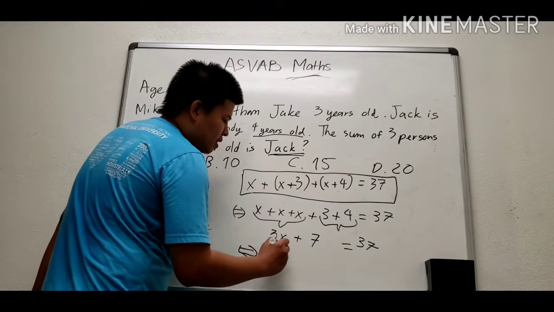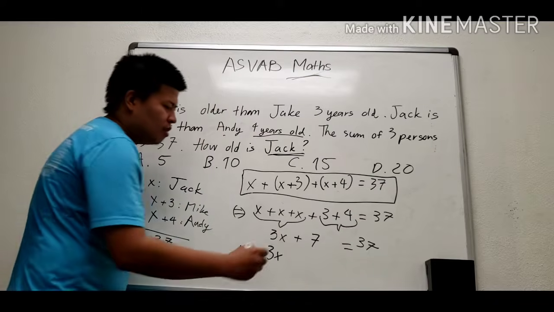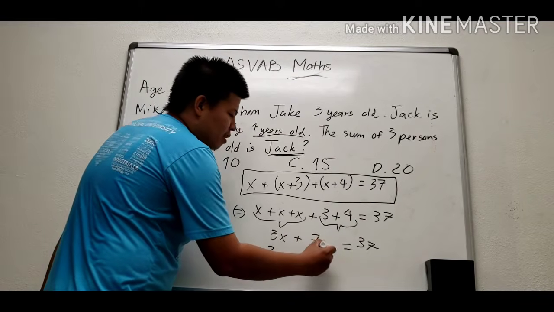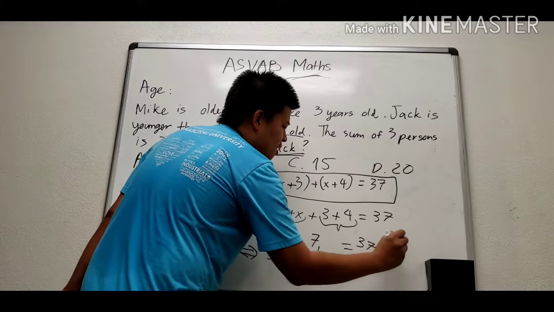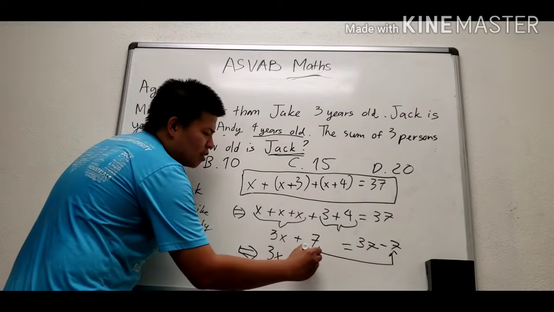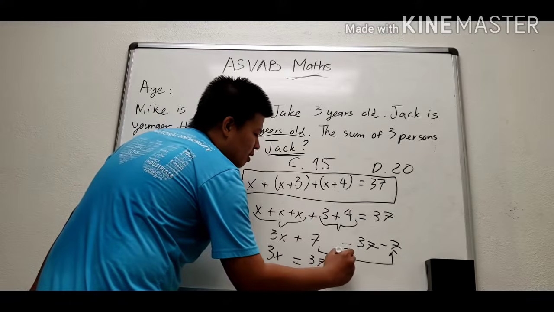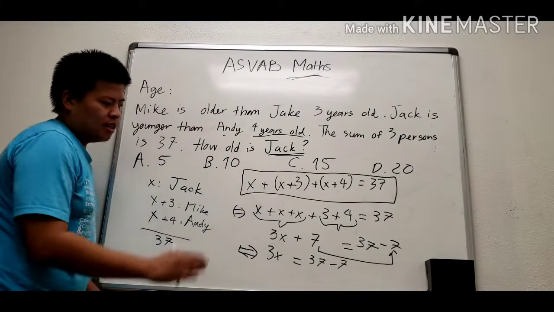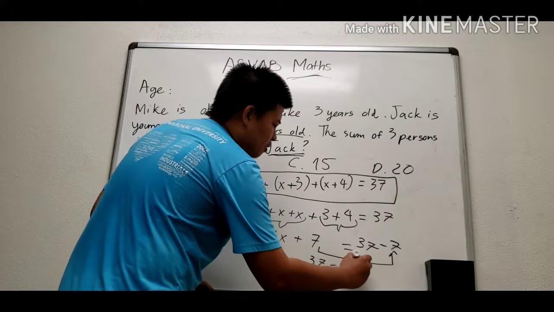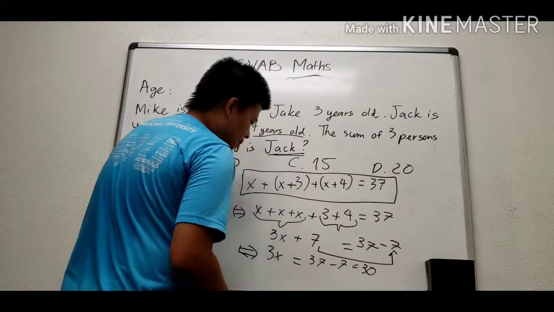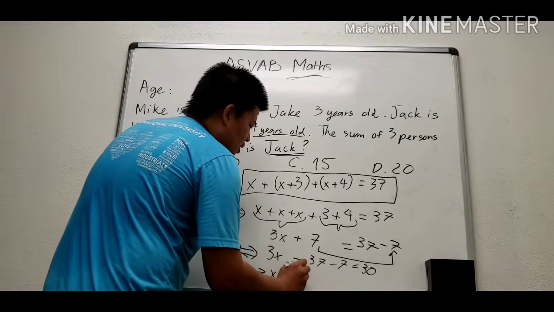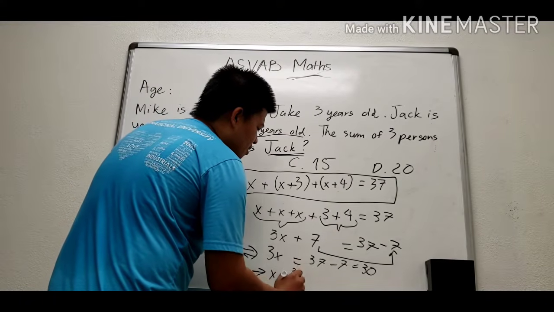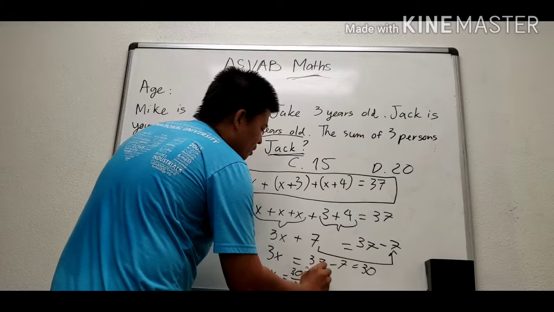Number 7, when it moves to the right side, changes to minus 7. So 37 minus 7 is 30. After that, we have S equal to 30 divided by 3, equal to 10.